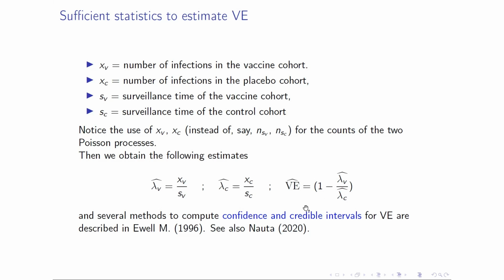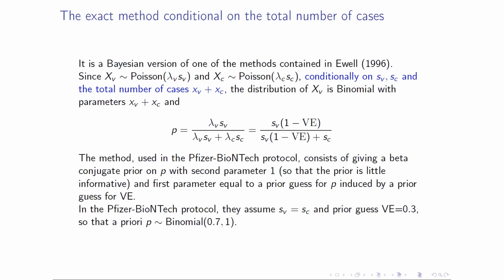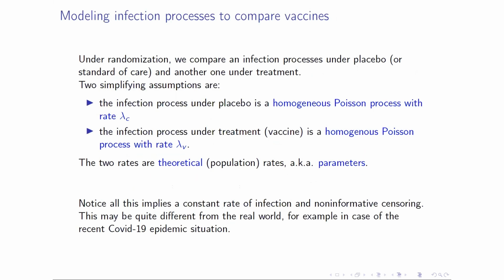And then you have several methods to compute either confidence intervals or credible intervals for vaccine efficacy. There's some references here. UL 96 is an important paper. Then there's a book that came out recently, just before COVID, on vaccine efficacy. Okay, now one of the methods is Bayesian, and that's exactly what was used for the Pfizer protocol.